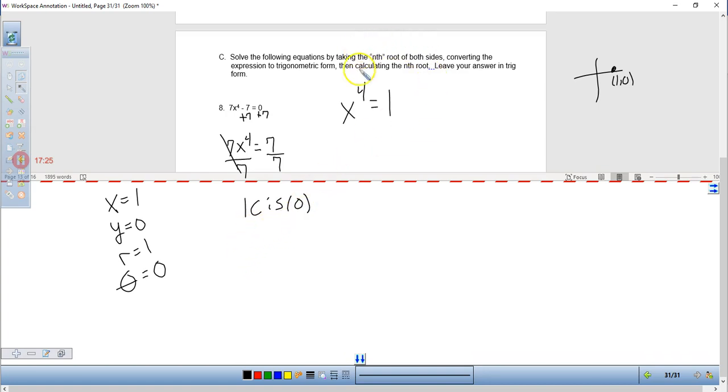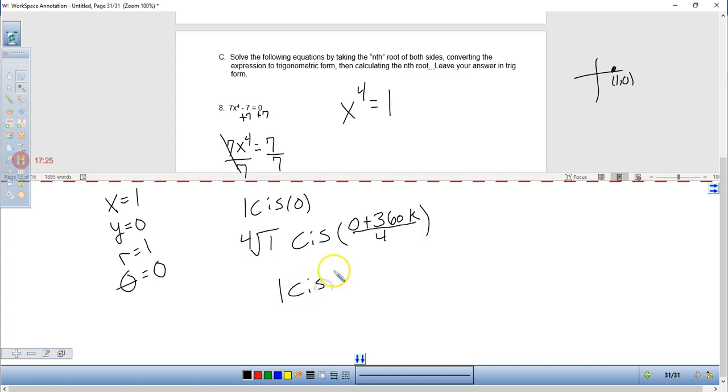Now I want to take the 4th root, because we're talking about x to the 4th. So the 4th root of 1 cosine I sine, and I'm going to have 0 plus 360k divided by 4. The 4th root of 1 is 1.